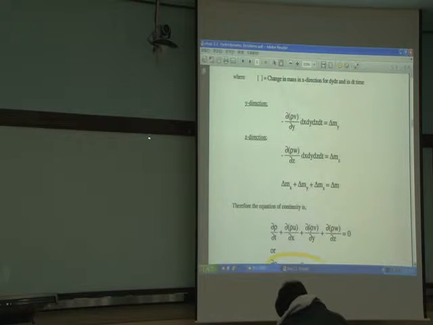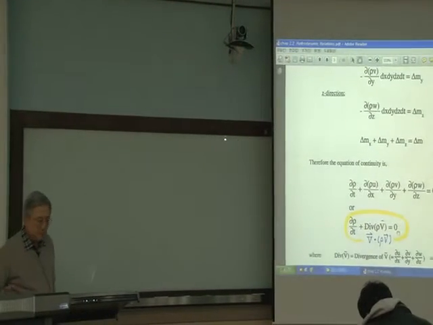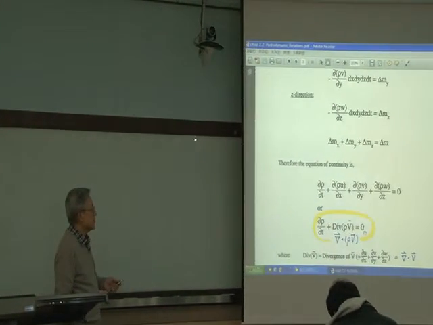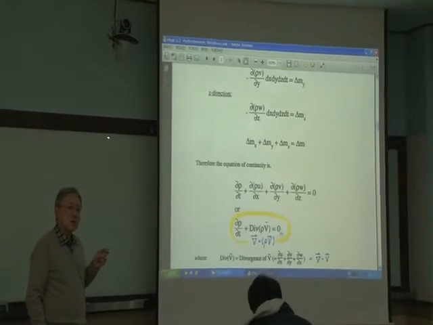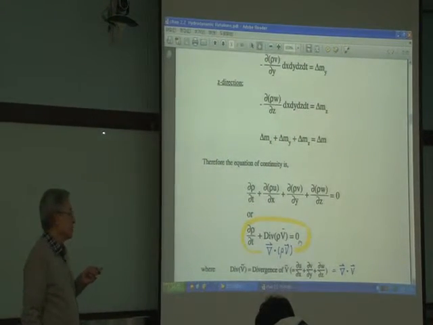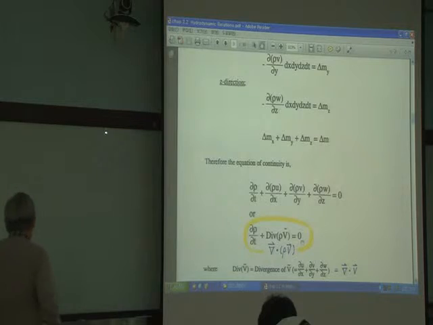Then you plug in each equation set. Then you have the so-called conservation of mass, another name for which is the equation of continuity or continuity equation.